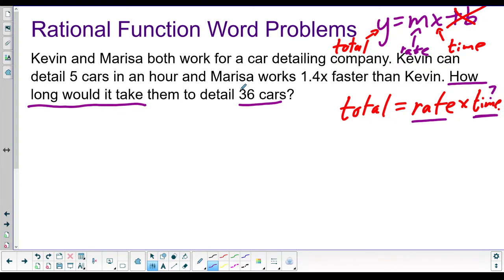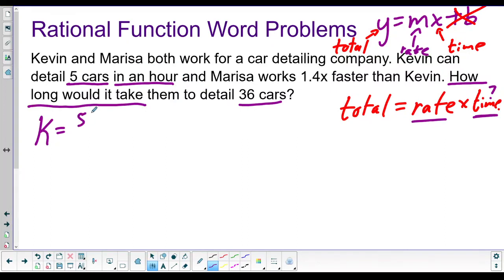So let's go find our rates. They tell us Kevin's rate. It says Kevin can do 5 cars in an hour. So we'll put K for Kevin's rate. You want to put the number of things you're doing on the top, and then you want to put the time unit on the bottom always.